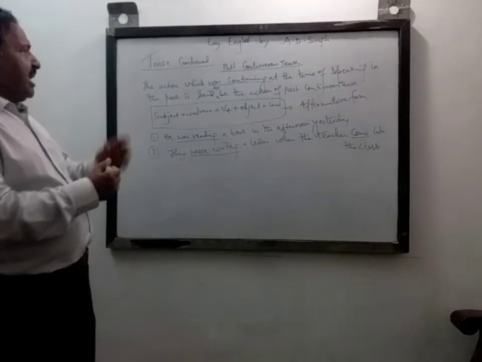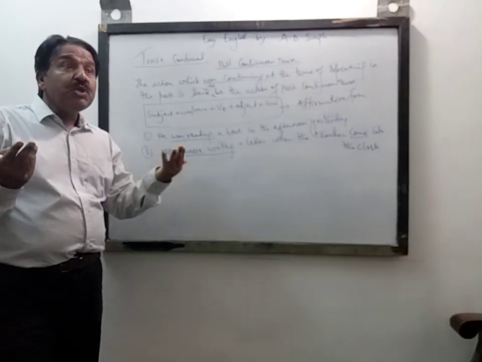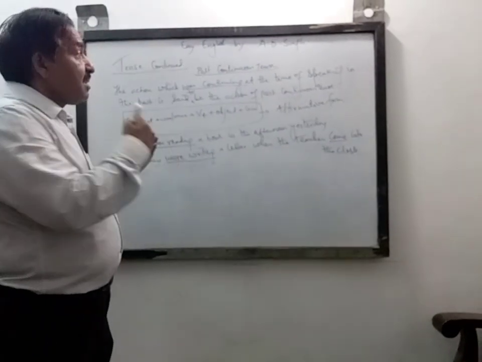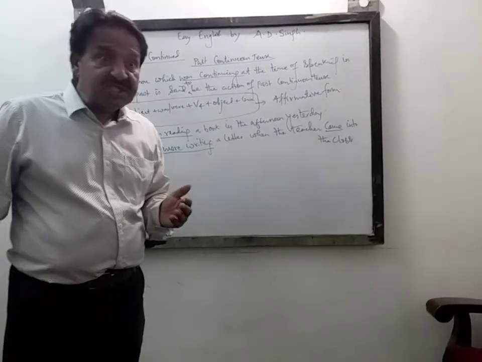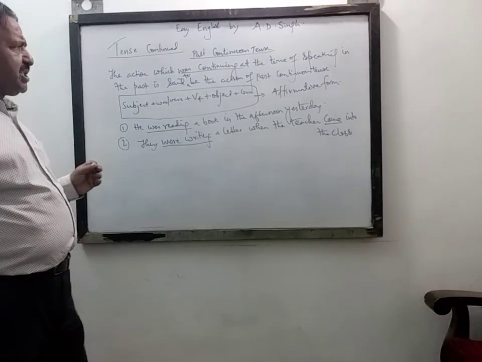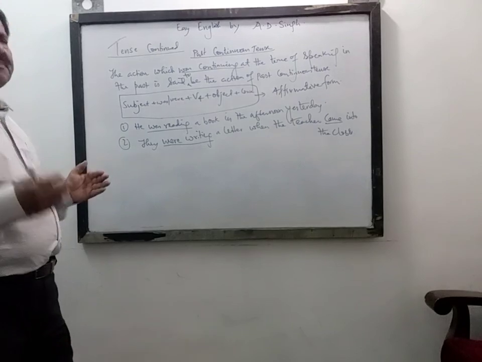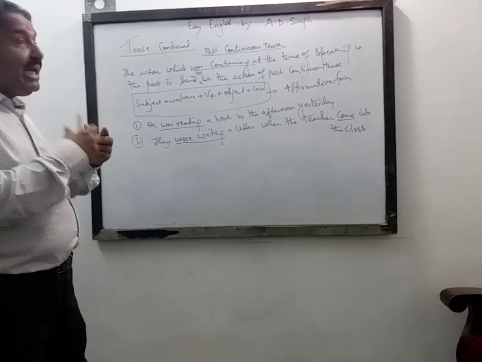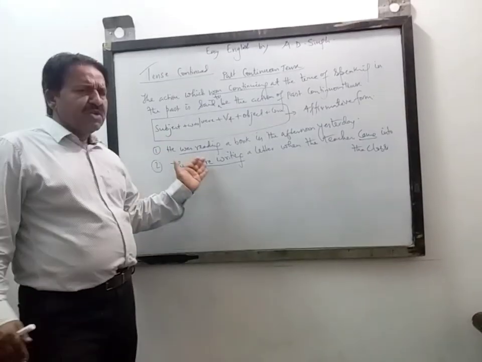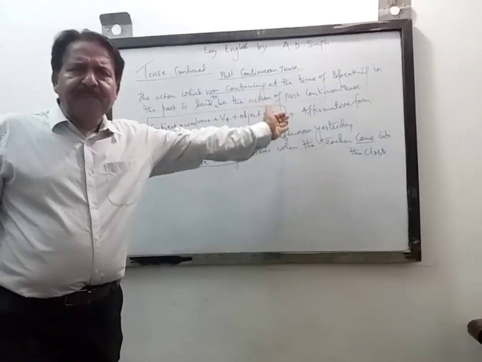Now the question arises, then where to use past continuous tense? And what are its general applications? Now when we talk about application of past continuous tense, obviously we have to understand the link of the two actions. Generally, past continuous goes along with simple past tense.